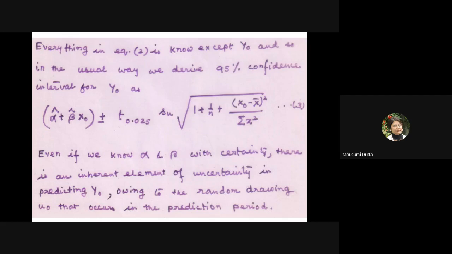And what will be the degrees of freedom here? T with n minus k, comma 0.025. So what will be n minus k here? 8. So it will be t8 0.025, times S into root over 1 plus 1 by n plus x naught minus x bar whole square divided by summation xi minus x bar whole square.